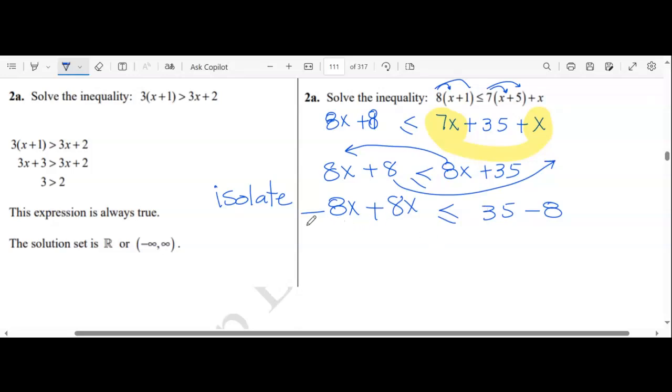If you combine, what do you get here? 0, less than or equal to how much? Take away 8 from 35. How much? 27. Is this true or false? True.